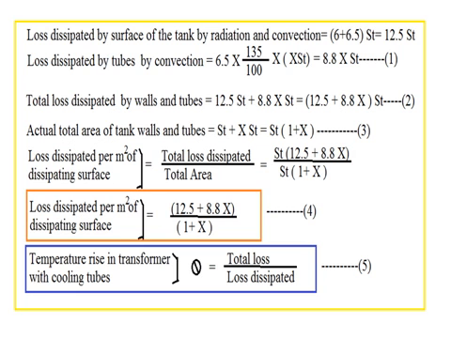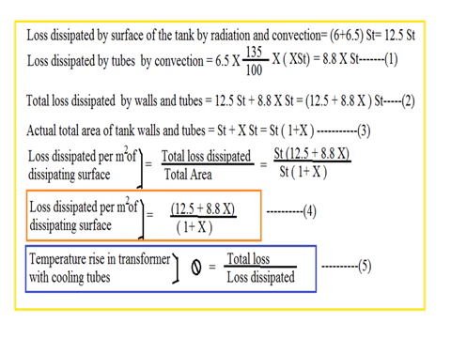How much increase in area? That is 35%. That's why 135 divided by 100 times xSt. So this is the effect due to convection of tubes, 8.8 xSt. Hence, the total loss dissipated by the tank walls and tubes is equation 1 plus equation 2.